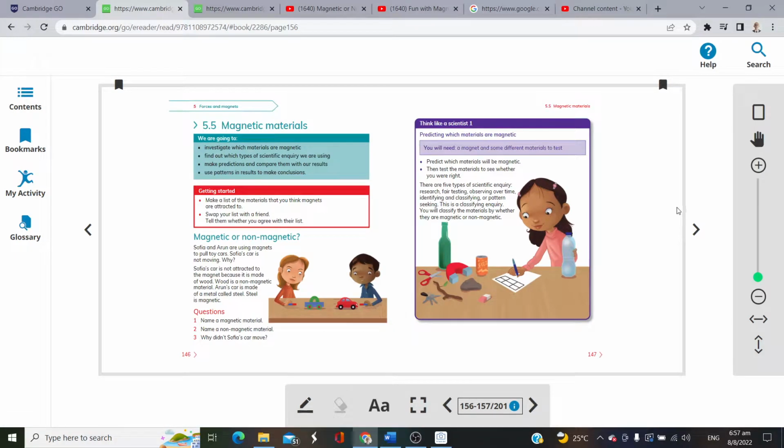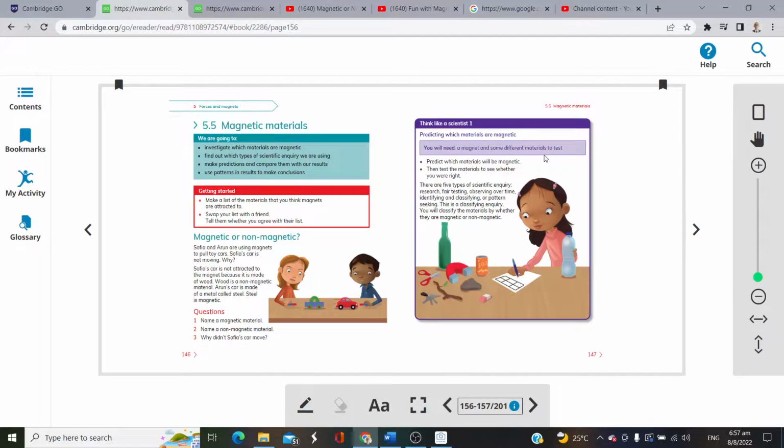Now today let's open page 146. We are going to go through these magnetic materials. So what are magnetic materials? In the previous class we learned about magnets, and what happens with magnets and magnets. But what happens if a magnet meets other materials?